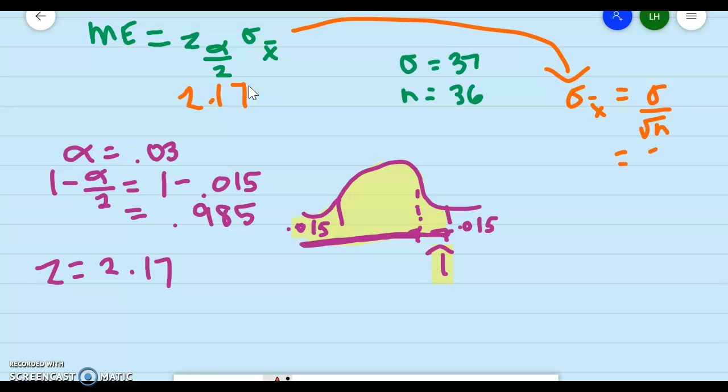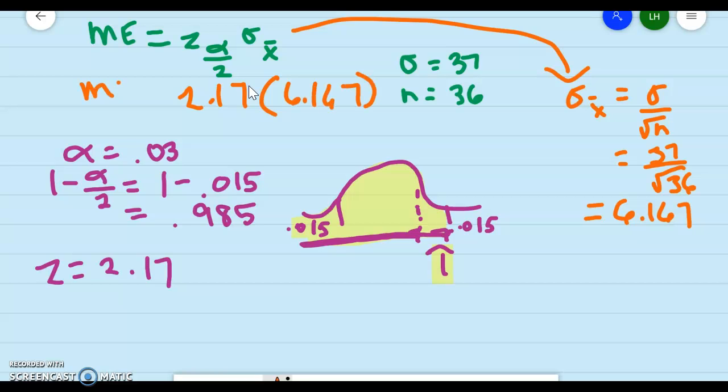And so that would be 37 divided by the square root of 36. And when you get that, you'll use it for all three parts of that problem, and it's 6.167. So you're going to plug in 6.167 here and multiply it, and that will give you your margin of error.